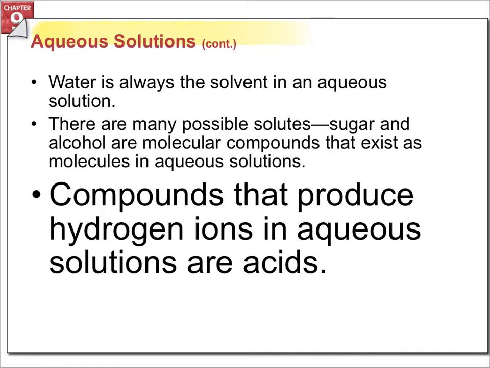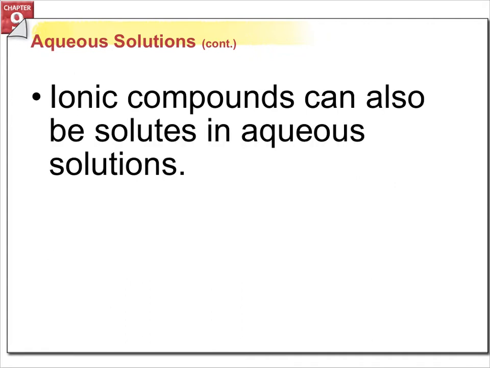Compounds that produce hydrogen ions in aqueous solutions are acids. So this goes back to the last chapter. It's going to make hydrogen ions. When you put it into an aqueous solution, then that makes it an acid. Ionic compounds can also be solutes in aqueous solutions. So we've talked about making ionic compounds. These can be solutes, like I said, with the sodium chloride.